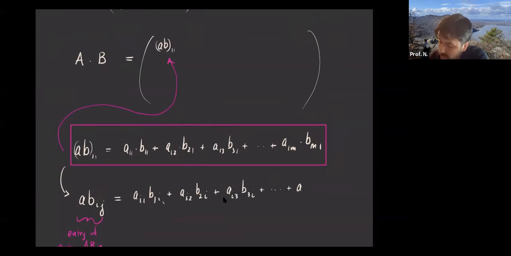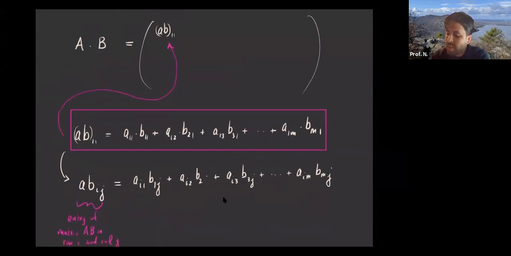Pardon me, these should be j, not i. All these are j's, because the B's come from the jth column and the A's come from the ith row. So this is B3j, and this goes all the way to Aim, and this is Bmj.